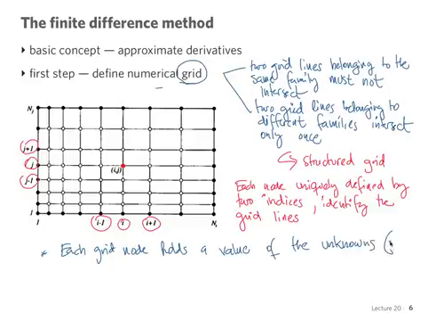For example, U, V, W, P, and so on. Velocity, pressure, particularly. And also each grid node will provide one algebraic equation.